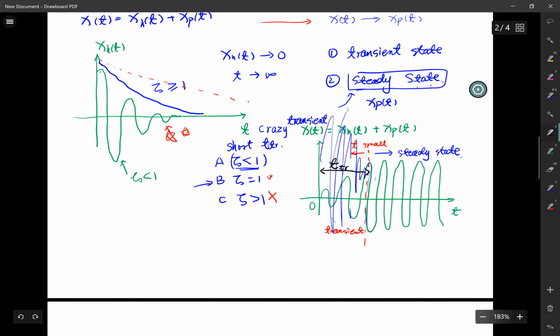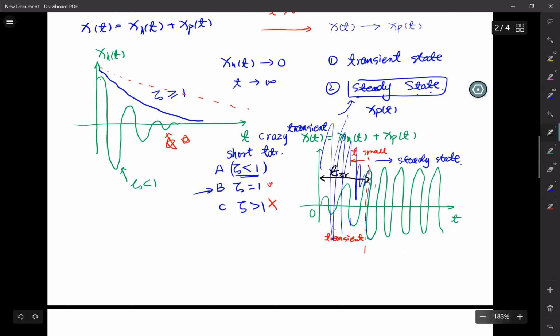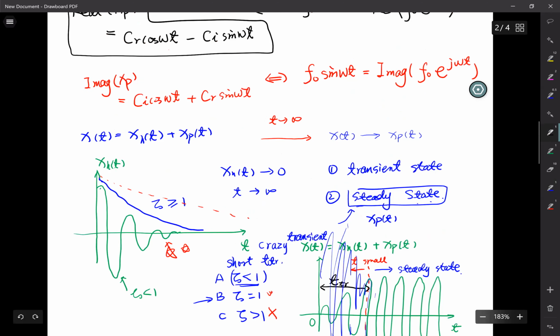The other question is, as I said, most sensors actually prefer steady state response. So how can you calculate steady state response in real life? We already mentioned one way here.